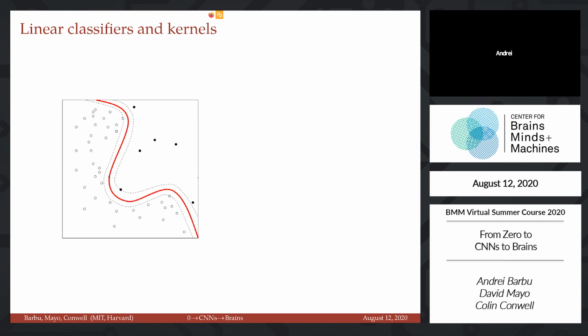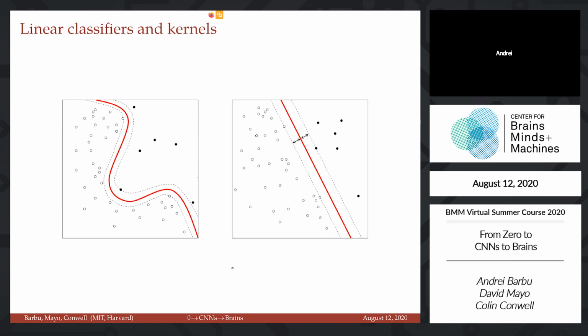But if I reproject these points into some other space enough times, eventually the hope is that I'll be able to warp the space sufficiently so that I find a straight line that can separate them. And that's the intuition behind why we're going to end up applying multiple transformations to our points. And eventually have a linear classifier on top of everything that tries to divide them into multiple categories.